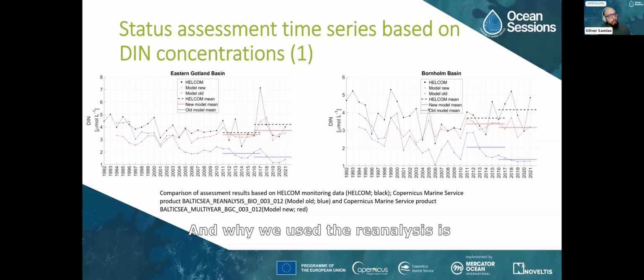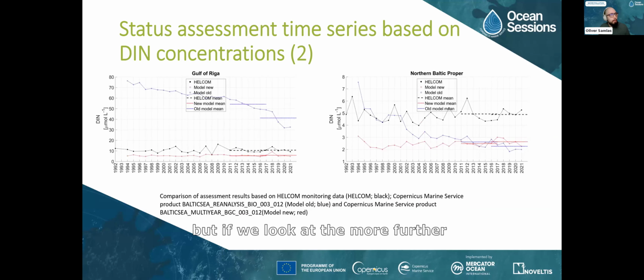We used the reanalysis because it already incorporates the actual in situ measurements. As you can see, these are 2 of the central basins. The red line is the new model, the blue line is the old model, and black is the HELCOM results. And in central basins and southern basins, the results did get better.